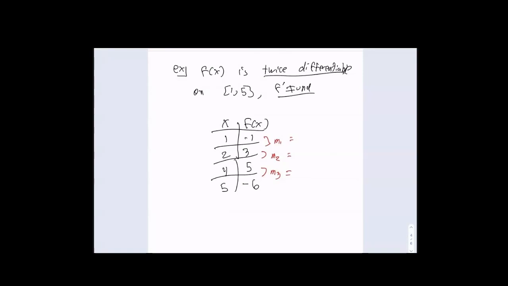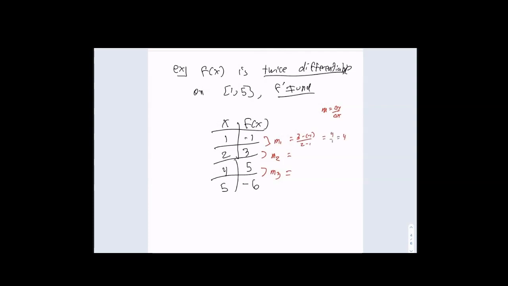Correct. So the way we would do it is the difference of the outputs, delta y over delta x. So remember m is delta y over delta x. So we get 3 minus negative 1 over 2 minus 1, which is 4 over 1, which is 4.